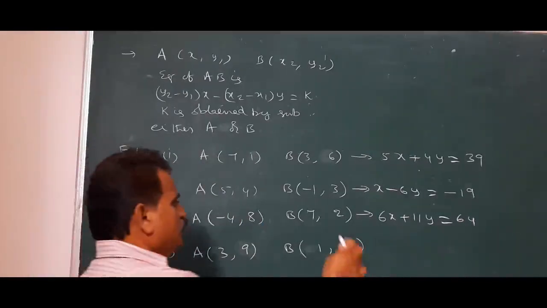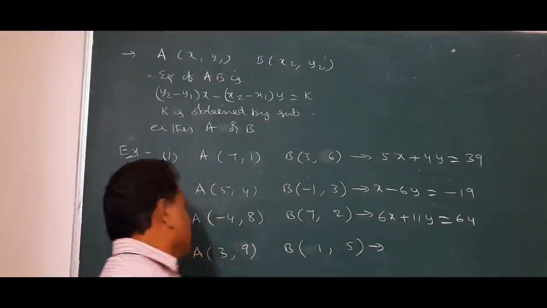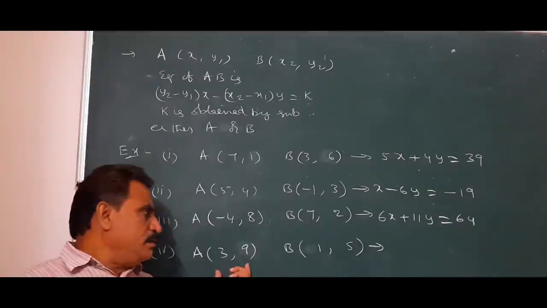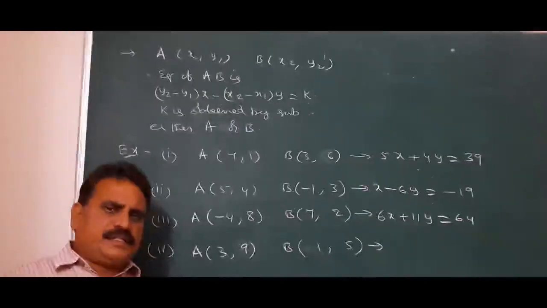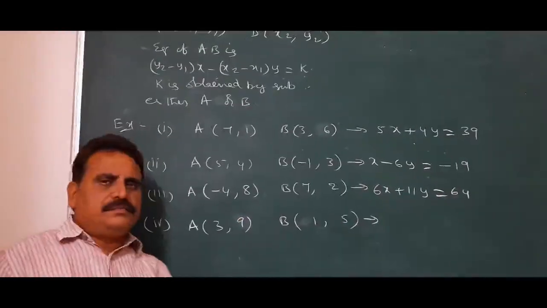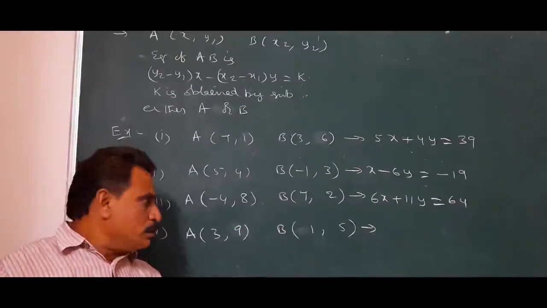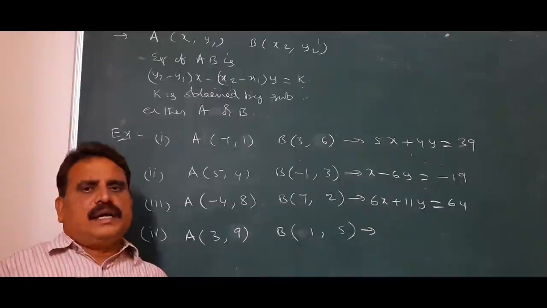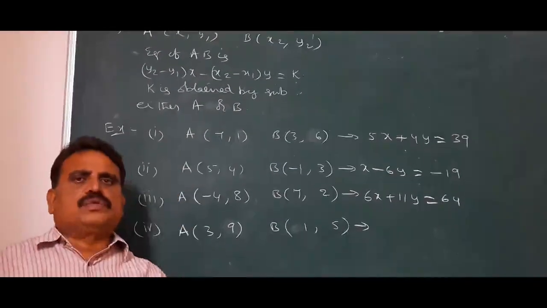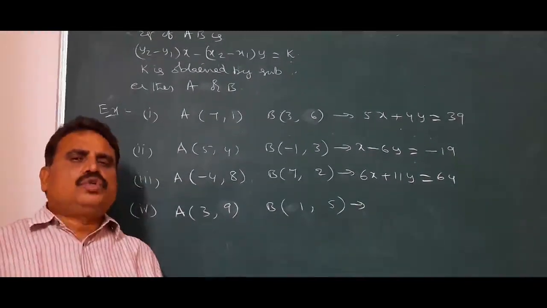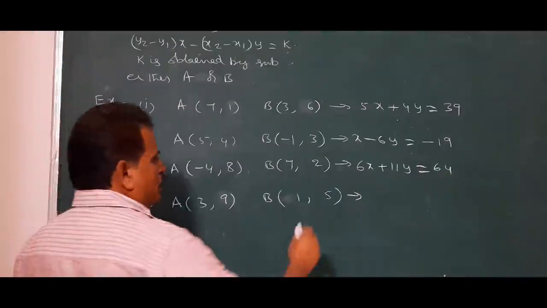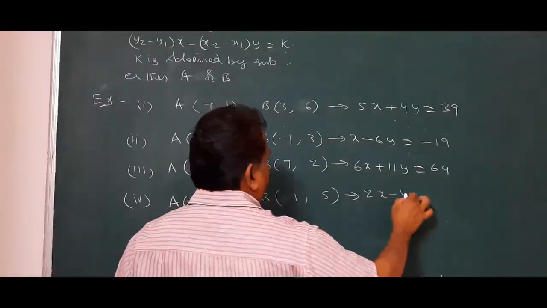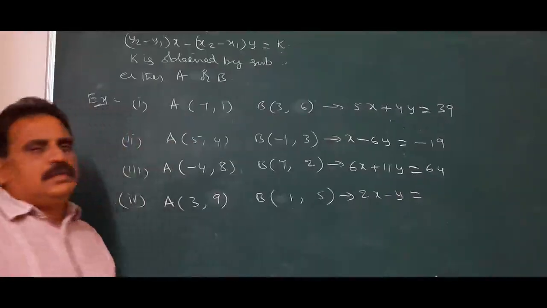Now apply to this problem. A (3, 9), B (1, 5). Difference of y coordinates: 5 minus 9 is -4. x difference: 1 minus 3 is -2. -4 by -2 is 2, which means 2 by 1. So the line equation is 2x minus y equal to.